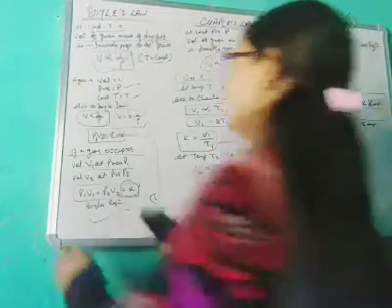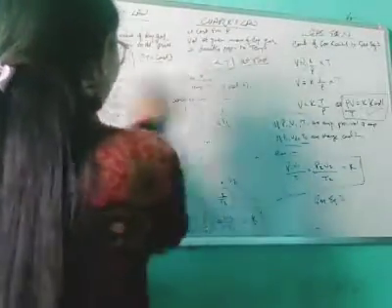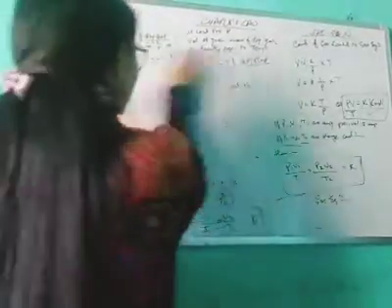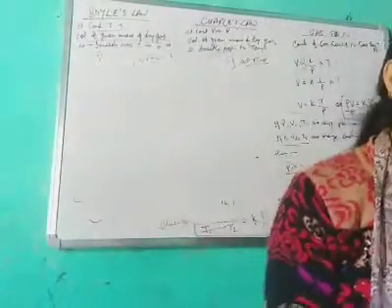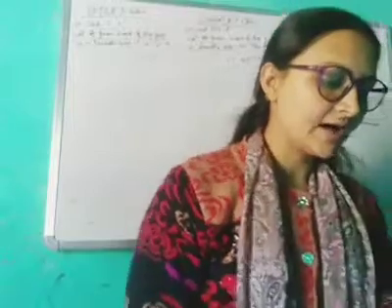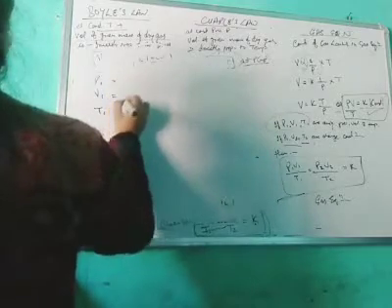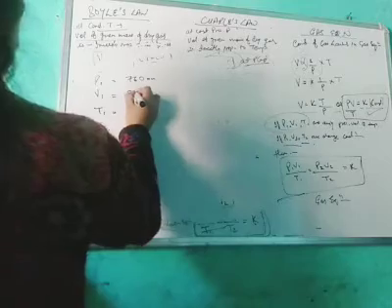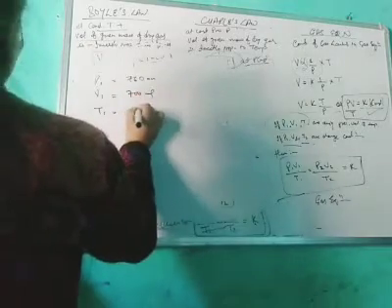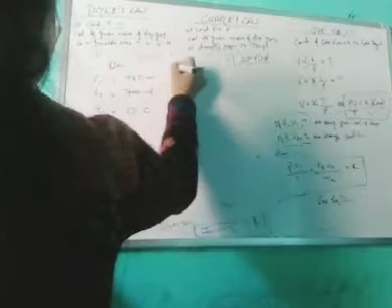Now I will show you one numerical, how we can do it. For example, here the given initial conditions are P1, V1, T1: pressure is 760 mm, volume is 700 ml, and temperature is 0 degrees Celsius. These are the original conditions.